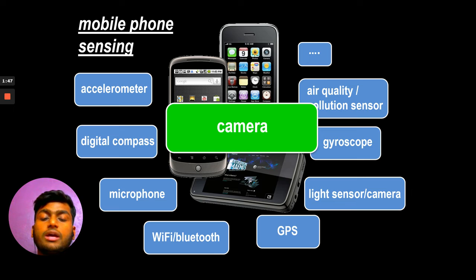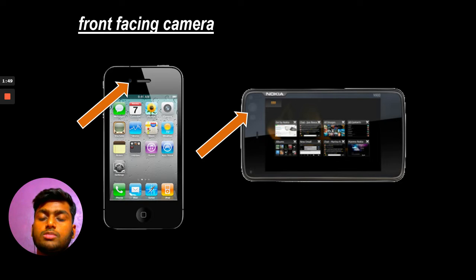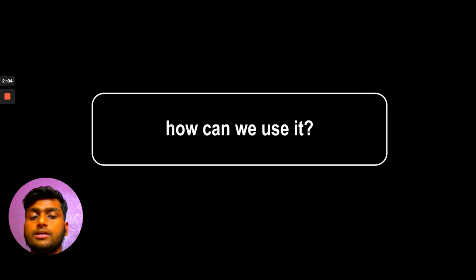The light sensor or camera, as we say, is the most unexplored and high potential sensor we can use in our mobile phone. The front facing camera, as you all know, we can interact through this. I mean, I'm making this video through the front facing camera. It is the best sensor we can use to explore machine learning. And how can we use it?